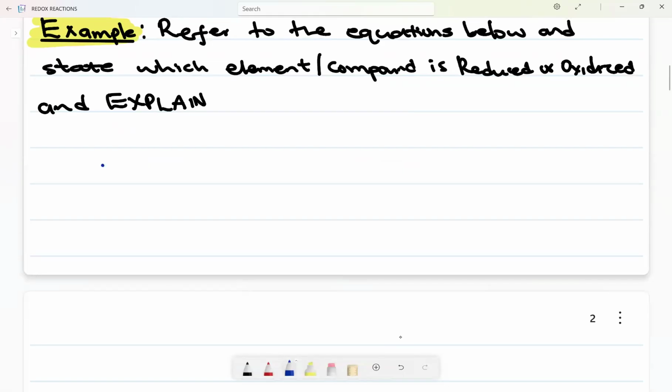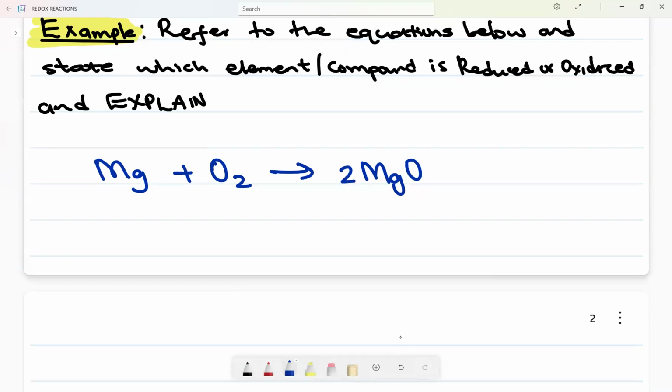So let's consider now Mg plus O2 giving us 2MgO. Well, it's unbalanced, but we can balance it or not, it's fine.